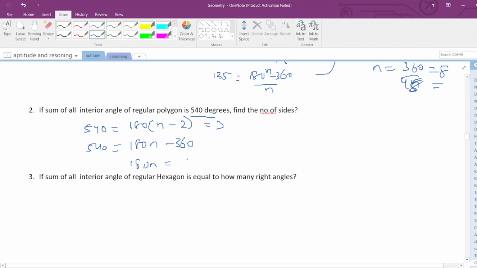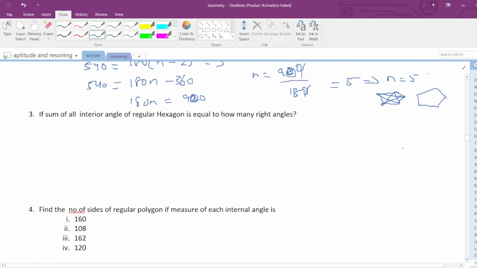What does it become? 540 plus 360 is 900, right? So 900 by 180. 0 0 cancel. 18 times 5 is 90. So n is equal to 5, which means a pentagon. So this is the 5-sided shape, which is called a pentagon.